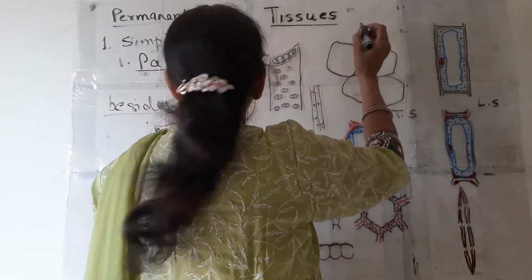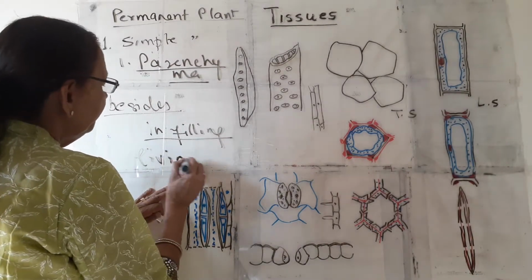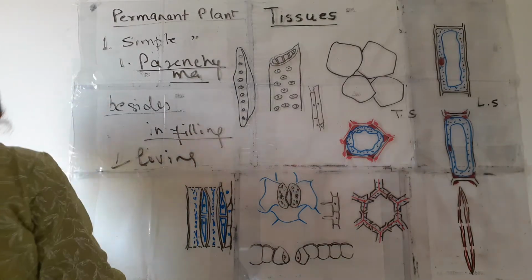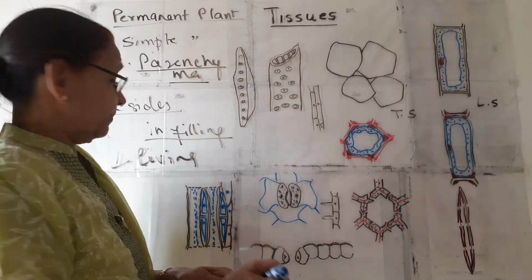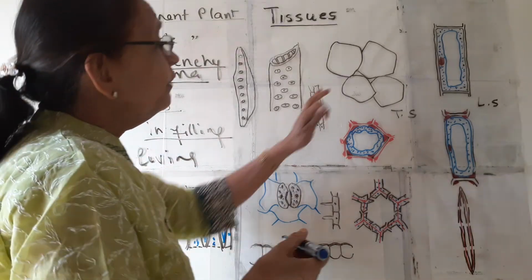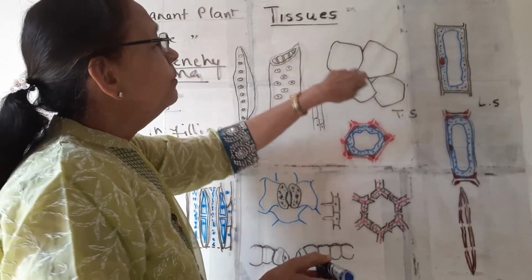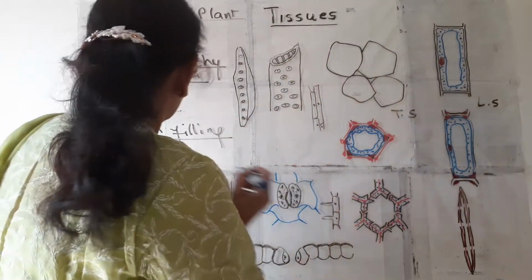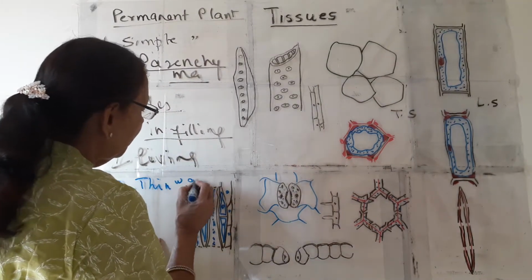First, the cells are living. So the first point of parenchymatous cells is that they are living cells. Second, they form the packing in the plant. Cells are almost oval or round in shape, and another important characteristic is they are thin walled.